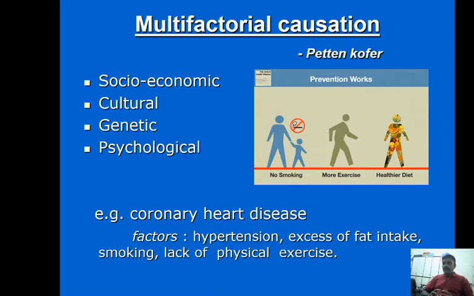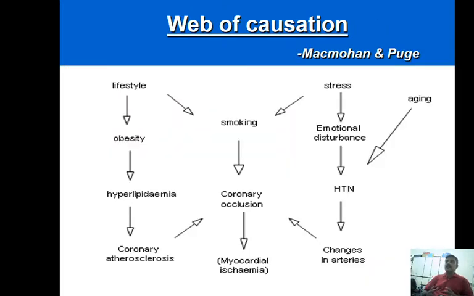So, for example, for coronary heart disease, hypertension is a factor, excess fat intake or trans fat, smoking, and lack of physical exercise. All these things combined cause coronary heart disease, or cardiovascular disease. This is multifactorial. Look at this in terms of the web of causation, especially by McMahon and Pugh.